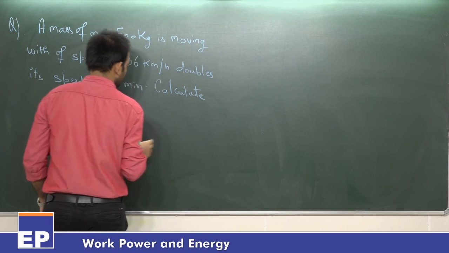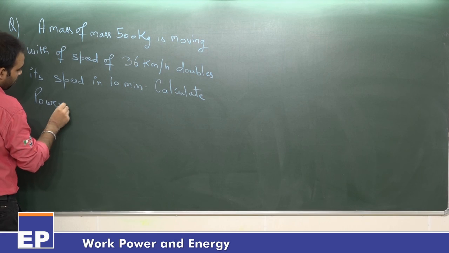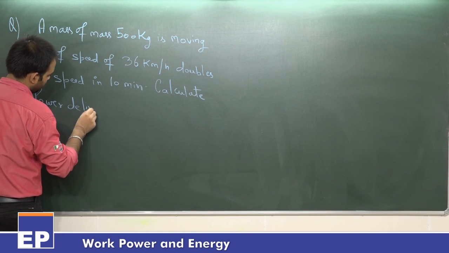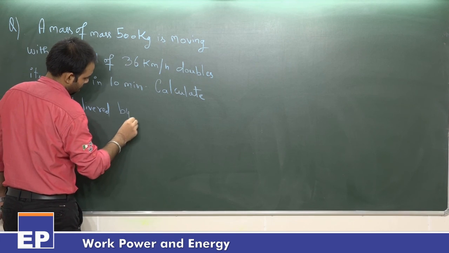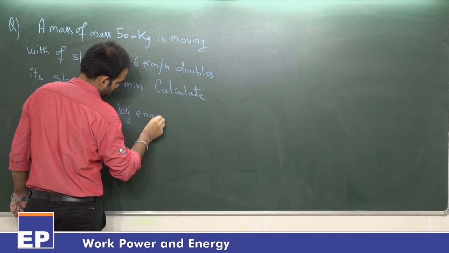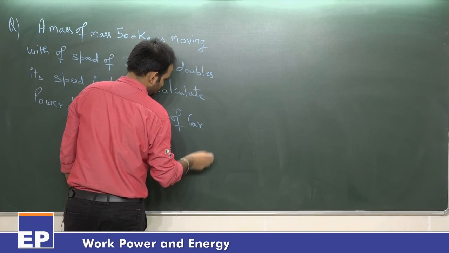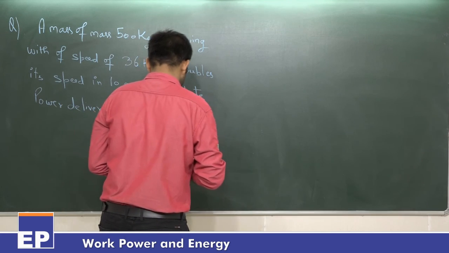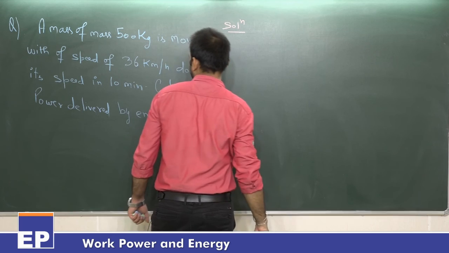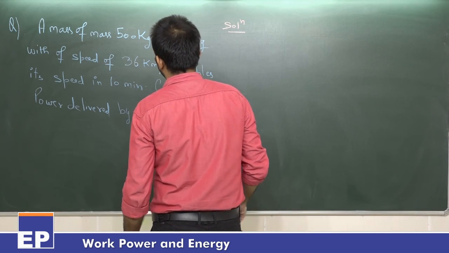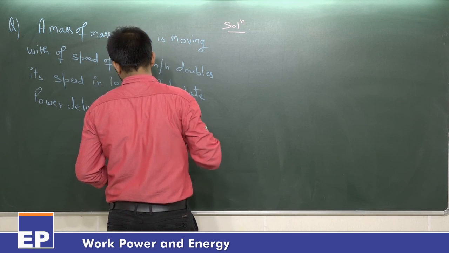Calculate the power delivered by the engine. There is a car of 500 kg moving with a speed of 36 km per hour and it doubles its speed in 10 minutes.